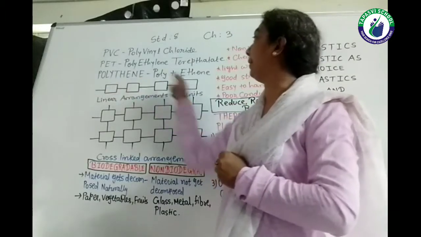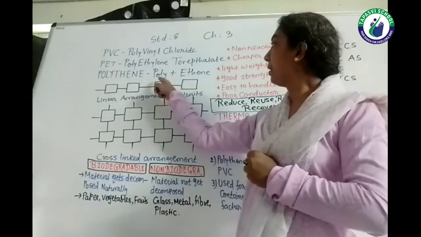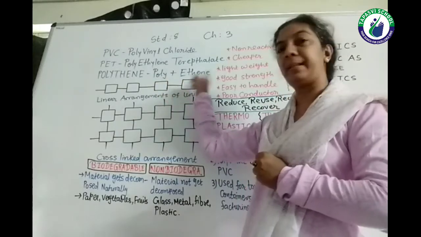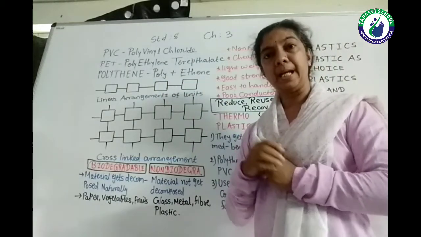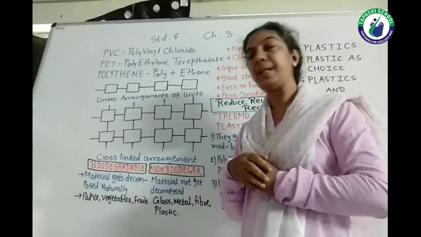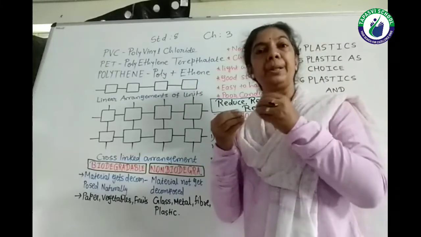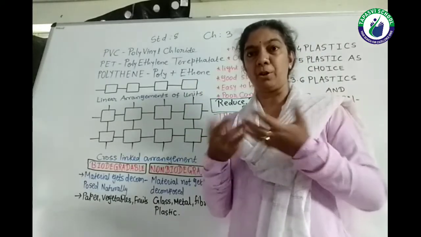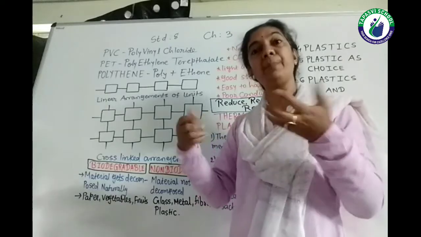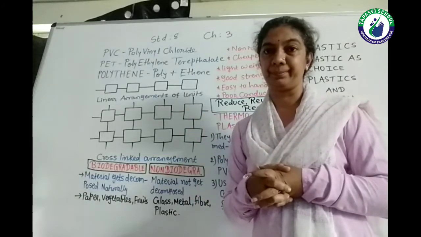Likewise, polythene bags are poly plus ethene, and repeated units of ethene make polythene. Polythene bags are so soft that all of you have seen that you can knot them very easily.